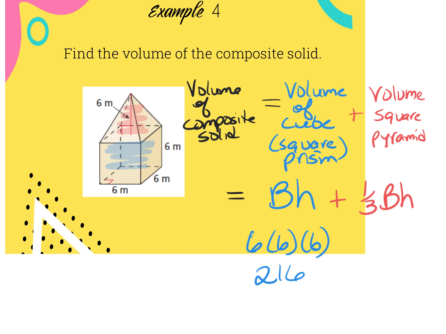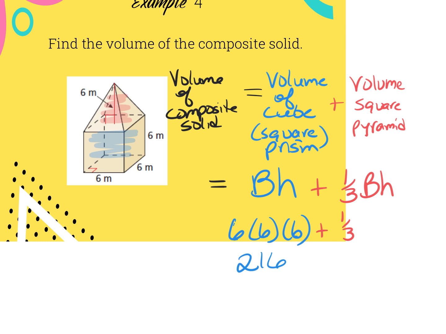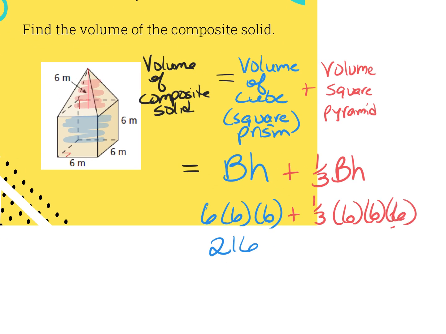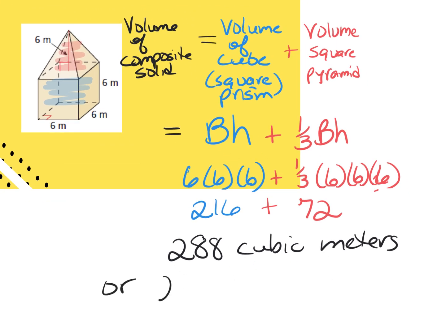So notice it's got the same base shape. It's still a square, but I need to divide it by 3 or multiply it by 1/3. So I'm doing 6 times 6 times 6, and then 1/3 of that, and I get 72. Once I go back and add this, I get 288 cubic meters, or you could have just said 288 meters to the third.